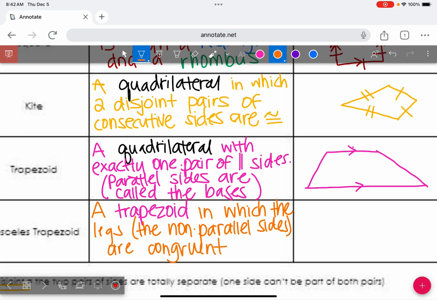So a trapezoid in which the legs are congruent. So when I draw an isosceles trapezoid, I'm going to start with my bases that are parallel to each other. And then the sides joining those bases, we call them the legs, and those are congruent in an isosceles trapezoid.